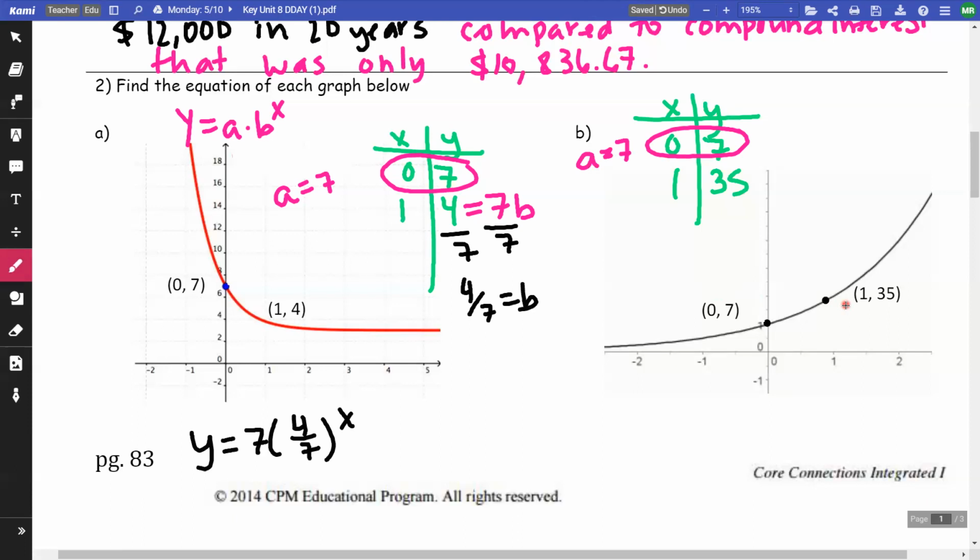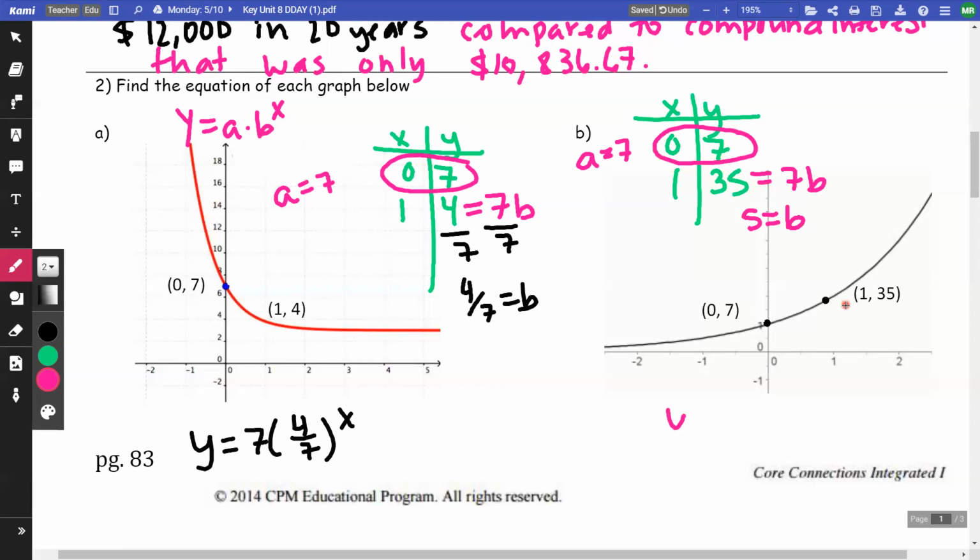And then I am multiplying 7 by something to get 35. So when I solve, I get my b is 5. So our equation is going to be y equals 7 times 5 to the power x.